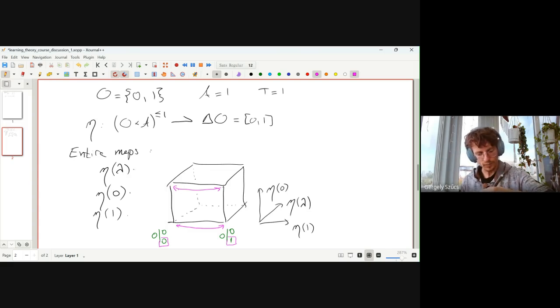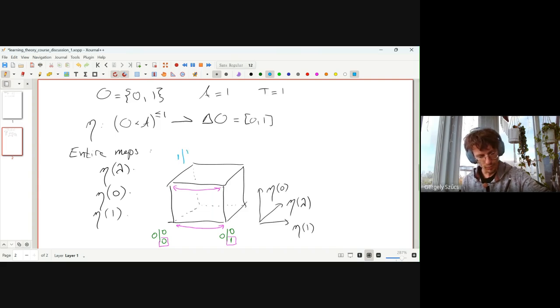And on the back face of the cube, we have a similar situation where, let's say, this vertex would be 1 on the empty input, and then how did I set it up?